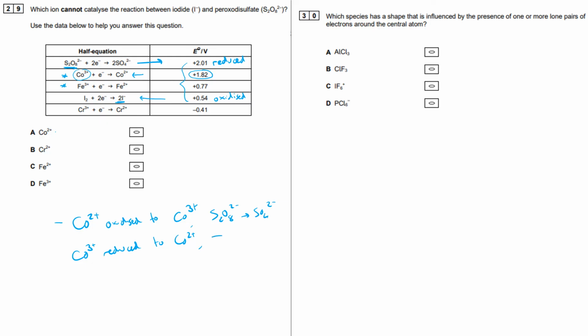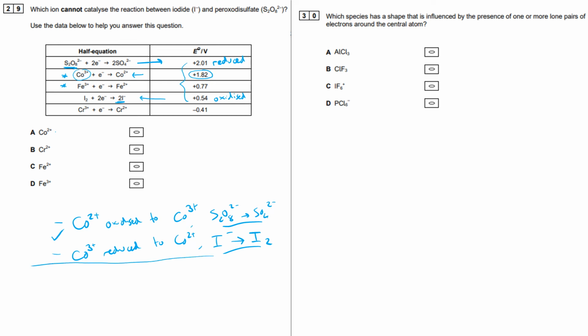So the iodide would be oxidized to I2. So cobalt 2+ would act as a catalyst because it will cause the peroxydisulfate to be reduced, and then it will return to its original state as it causes the iodide to be oxidized.